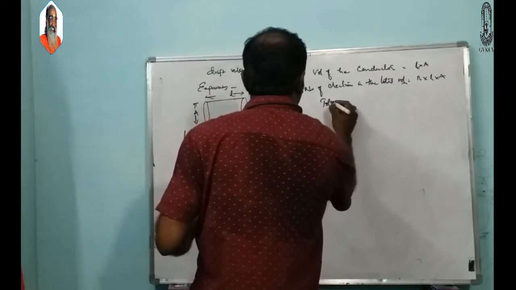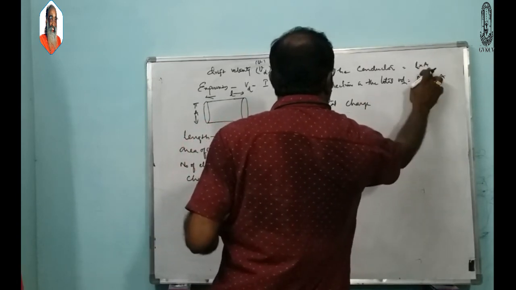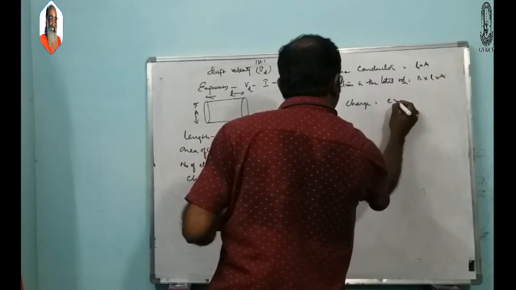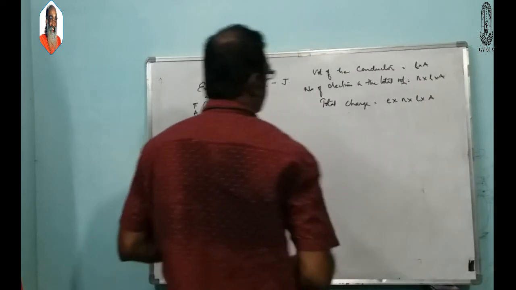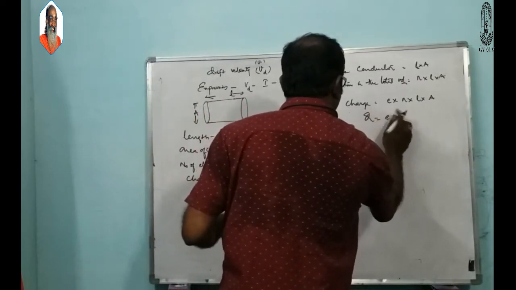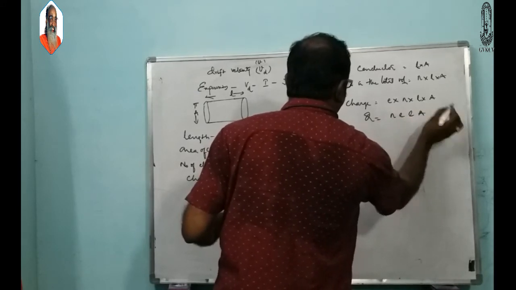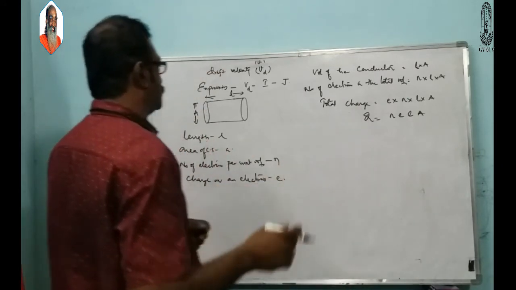Each electron has charge e, so the total charge is e into n into L into A. So the total charge Q is given by n e L A. In whatever manner you want, you can write it.